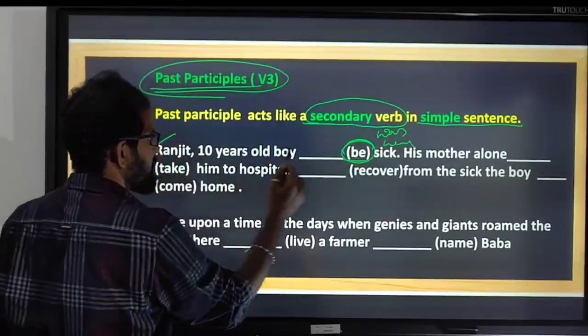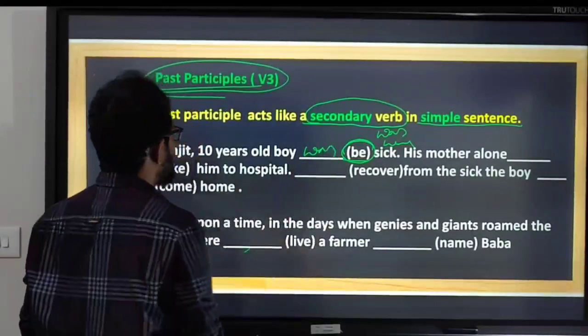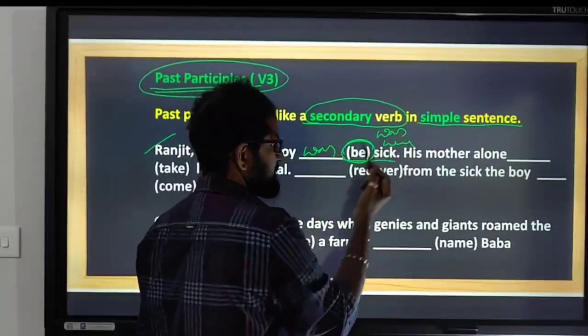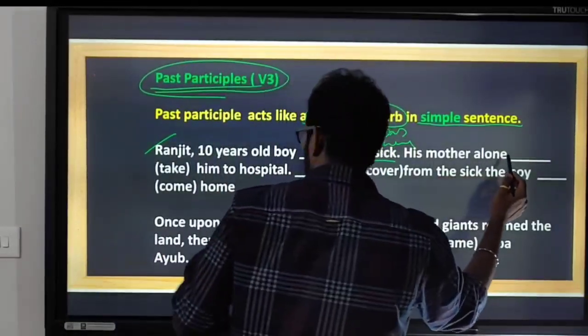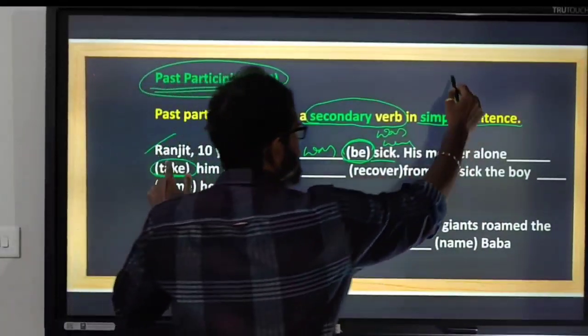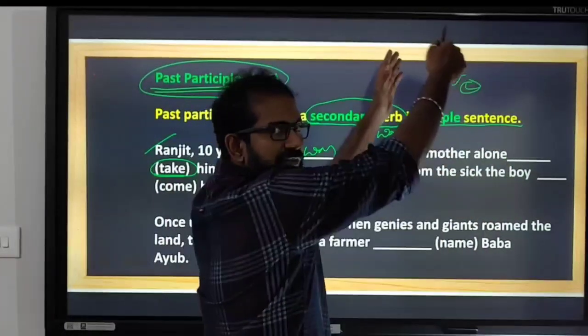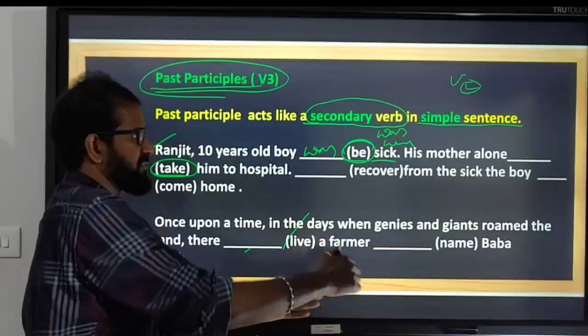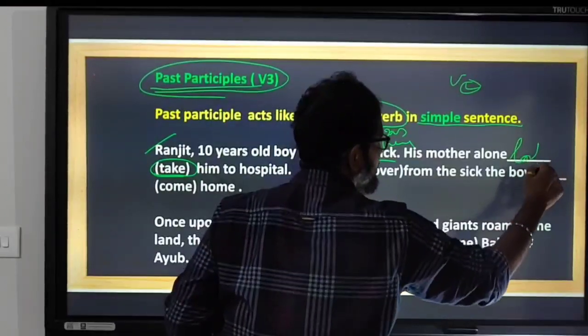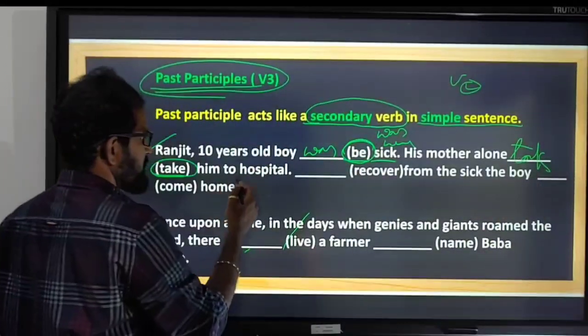Ranjit, 10 years old boy, was sick. His mother alone, past form. Take, past form, we took. So we are going to fill the blanks using past forms. Took him to hospital.